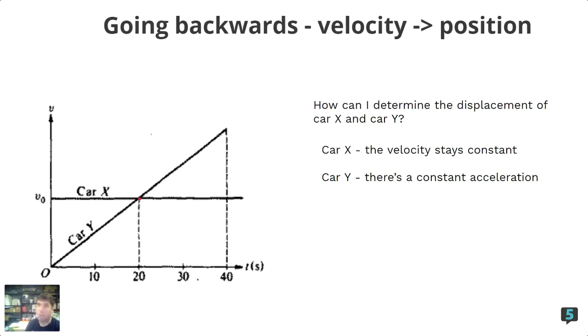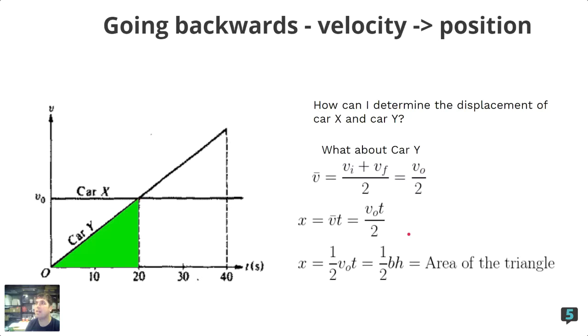It might also help to say something like car Y's average speed starts at 0, ends at V naught, so it is half of that. So it should make sense that car Y goes half as far as car X does in that given amount of time. So car X, we did the area under the curve, this rectangle.